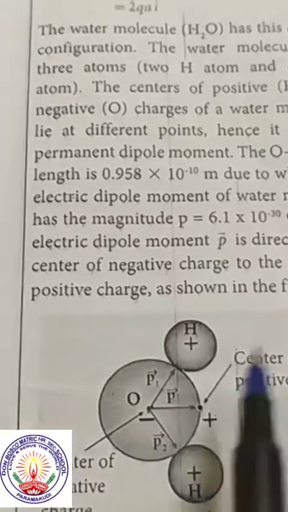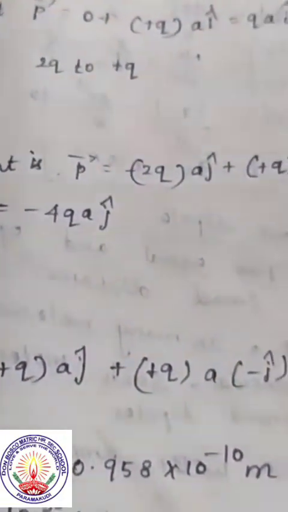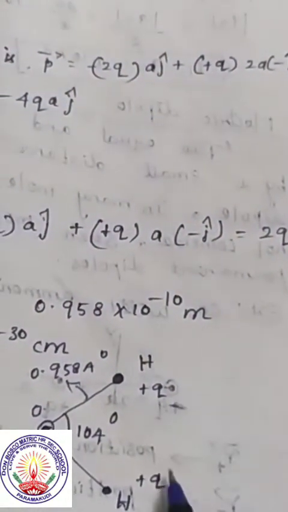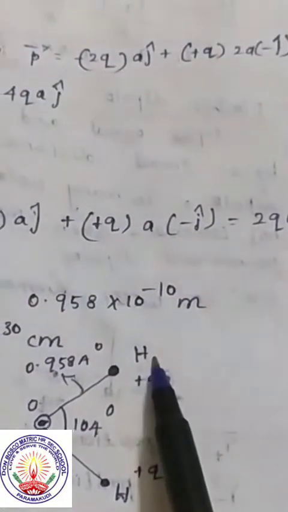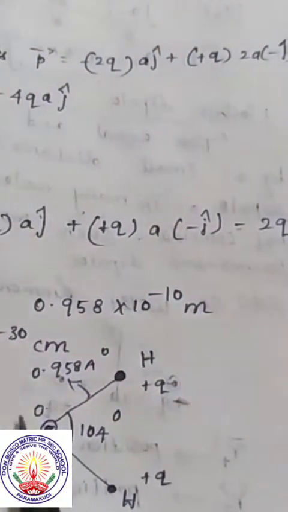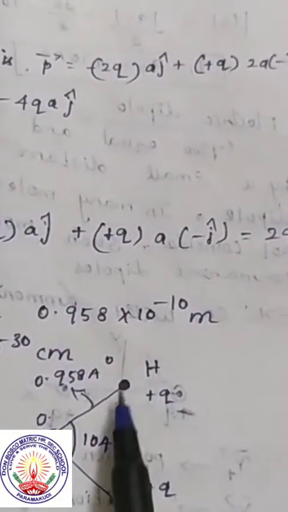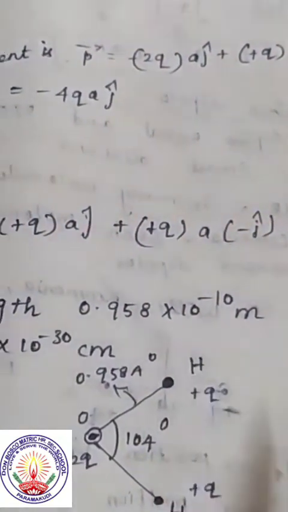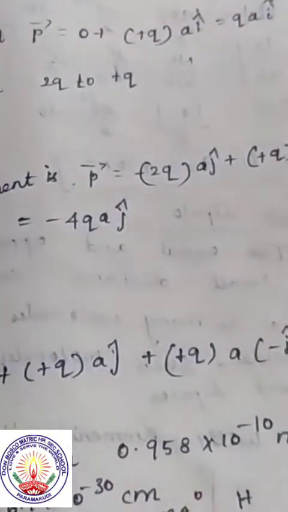So next we have to calculate the length and P vector, and we have to calculate this angle. If we take the hydrogen bond, H2, the H bond comes. The oxygen bond means what is the difference between the two, and what angle do we get. So this is example 1.10.